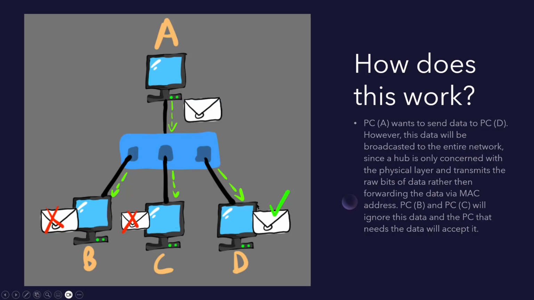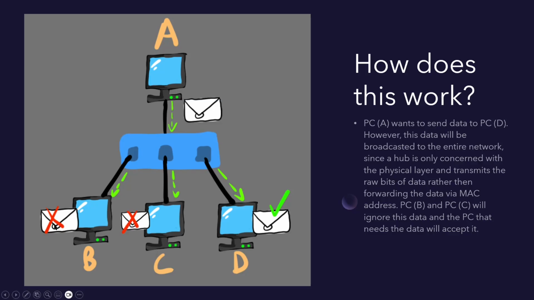Then the hub will forward this message to computer D. However, it will also forward this message to computer C and computer B because the hub is not intelligent. You can think of the hub as a big yapper almost. It just loves talking and it wants everyone to hear him, right? So it will send this message to everyone on the network. And the people who don't want to hear this message will discard it.